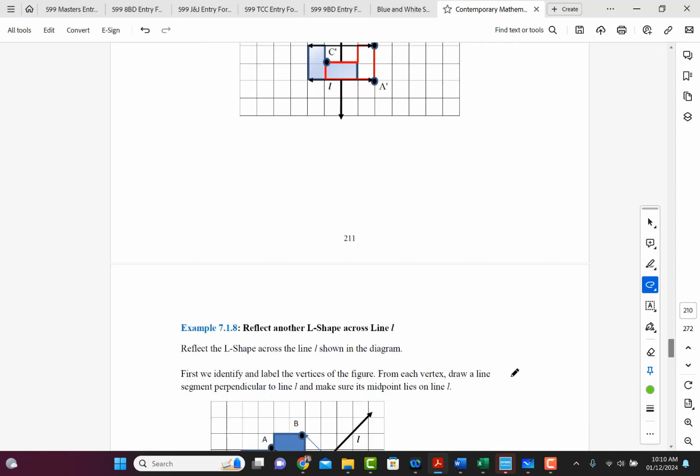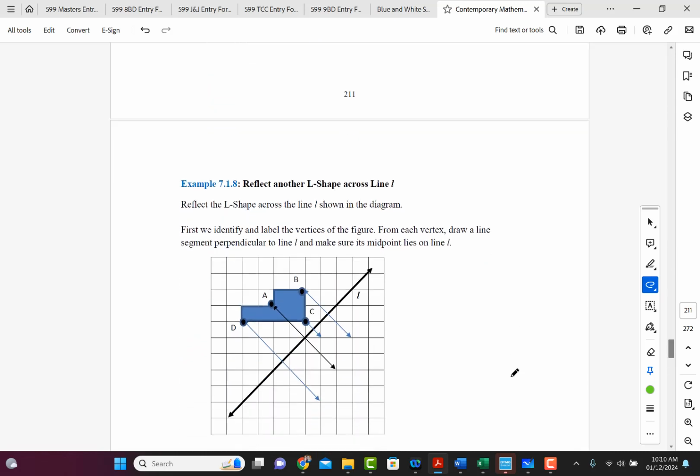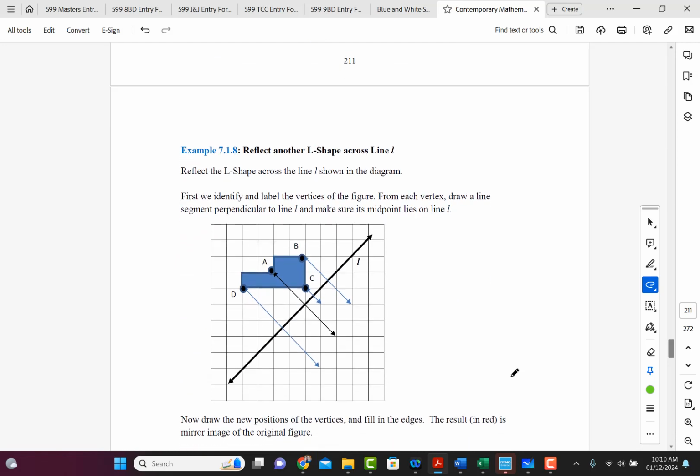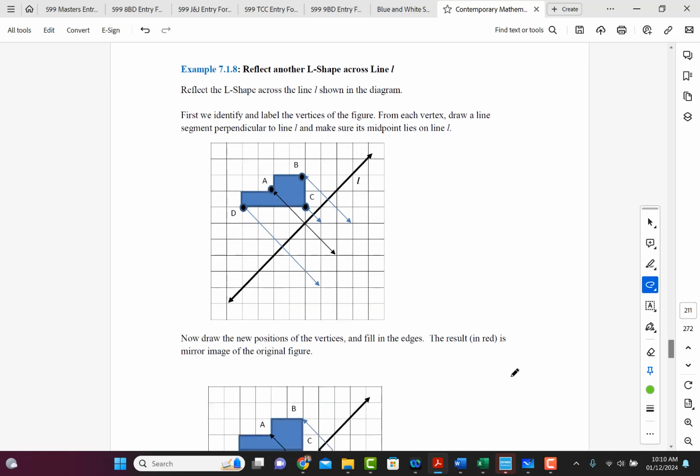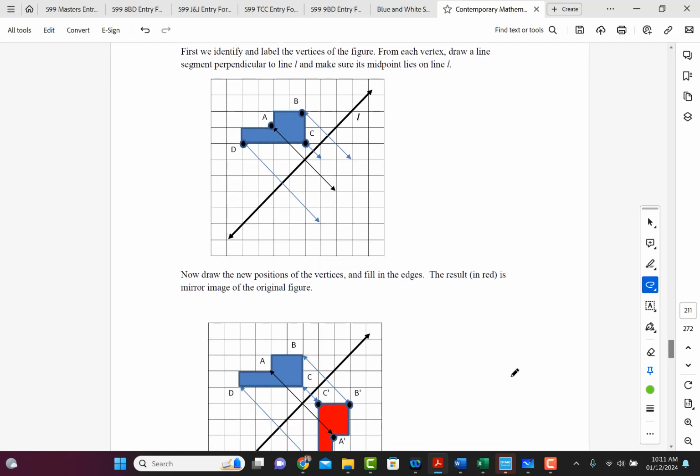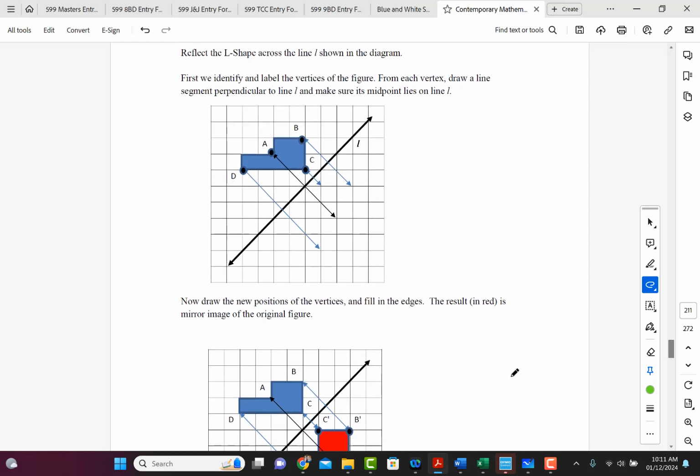Okay, so now let's look at this example here. Now notice that this is not a horizontal or vertical reflection. Okay, so again, we want to map these out carefully, right? Because this is a reflection across line L, and line L is at a 45-degree angle.